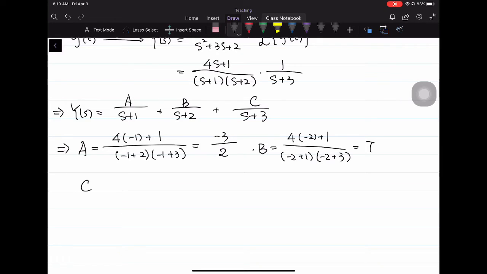And finally, C will be equal to 4 minus 3, since it corresponds to s plus 3 plus 1. So in the numerator, I have what? I have minus 11, and I have s plus 1, s plus 2, where s is equal to negative 3. And again, organize the terms. I have minus 11 on top and positive 2 in the denominator.